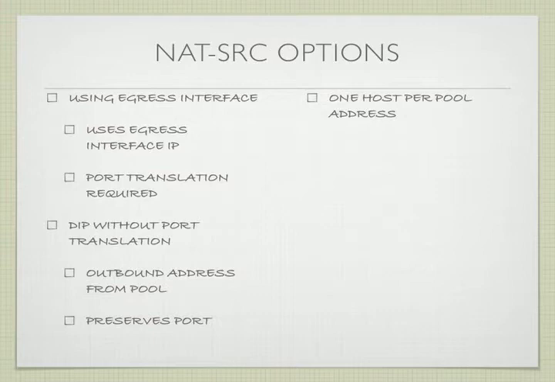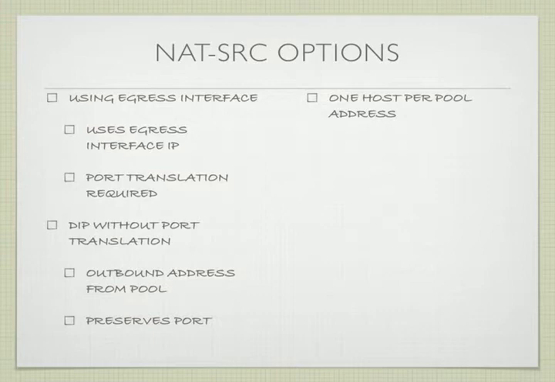It will preserve the port selected by the original host, and it will translate just the address, and you can only, of course, have one host per address in the pool. So if you create a pool of one, you can only use that address for the same host in every policy that you apply it to.